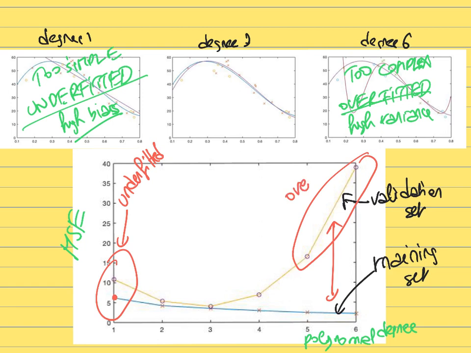This is the signature of an overfitted model. In the case of an overfitted model, the training set is very well interpolated. The error is very low for the training set, but the error becomes very high for the validation set. In the case of an underfitted model, the error will be high both for the validation set and for the training set, because the model not only doesn't generalize well, but also doesn't succeed at properly interpolating the training set.